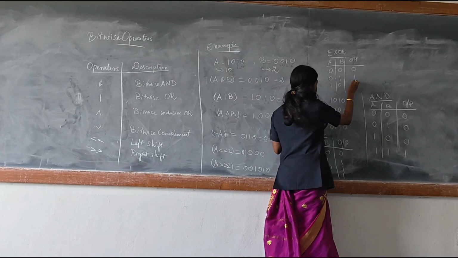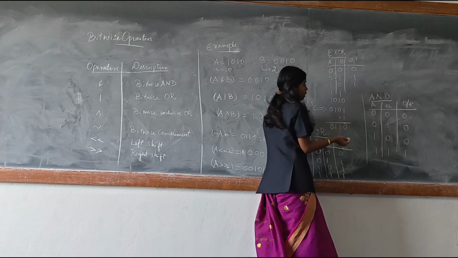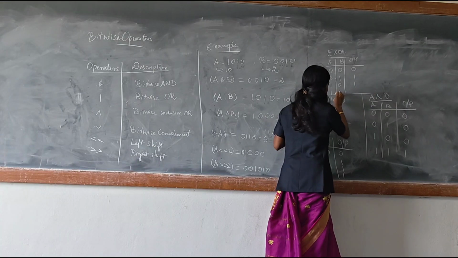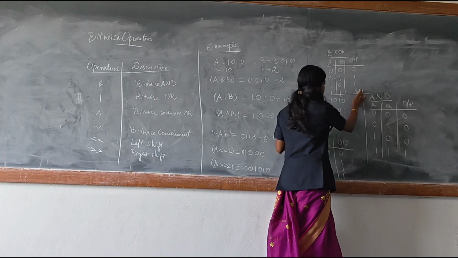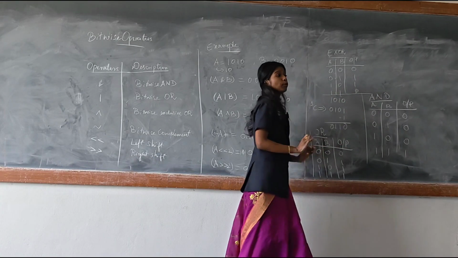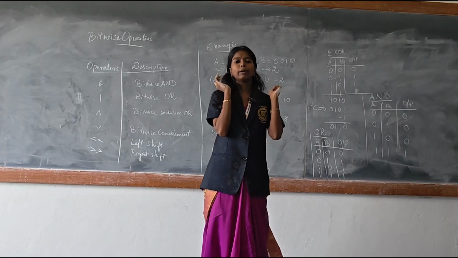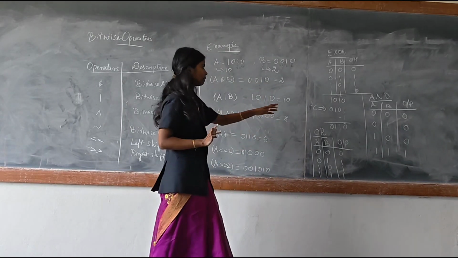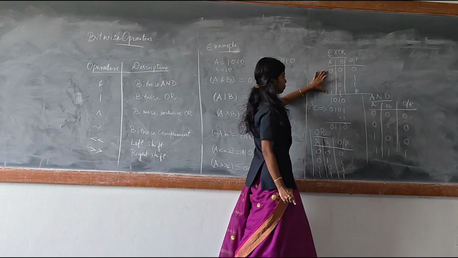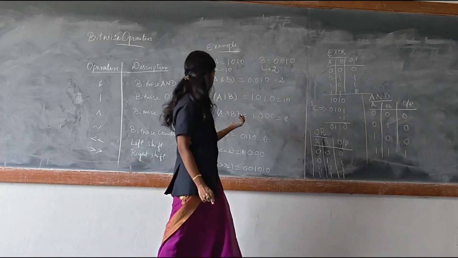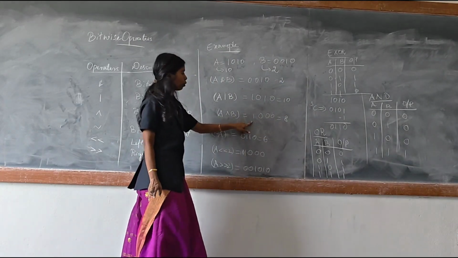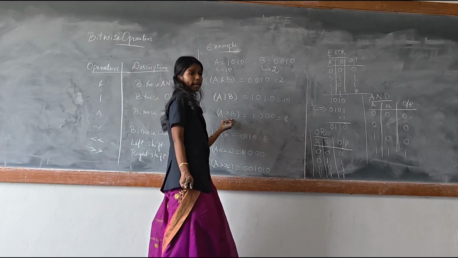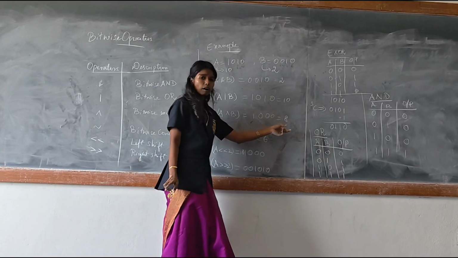The same condition is applied here. In exclusive OR you have to keep in mind: both the inputs the same gives 0, different gives 1. The same concept is applied here. So I have done A exclusive OR B, and we get the output 8.